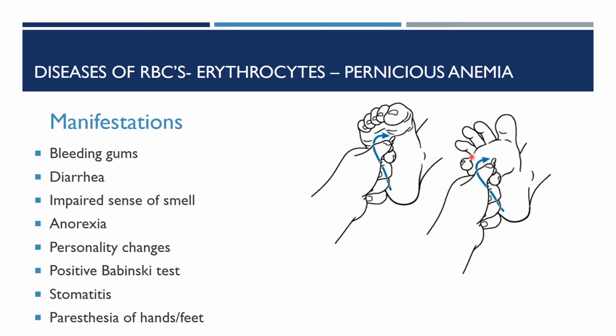In this case, we get splaying of the toes, so instead of curving down, they go outwards and up. Okay. And that's a positive Babinski test right there. Again, you're going to see stomatitis, which is inflammation of the lips or mouth, and then paresthesia of the hands or feet, which is going to be numbness and tingling of the feet.